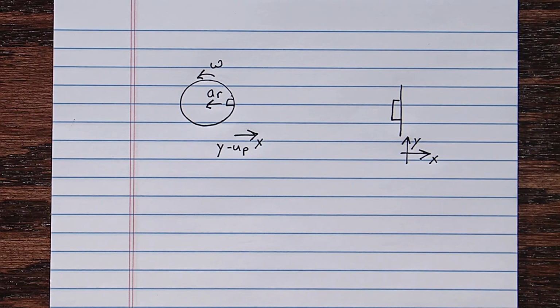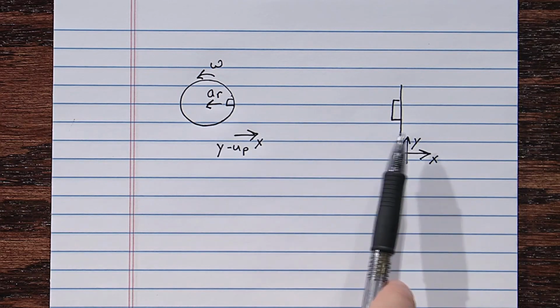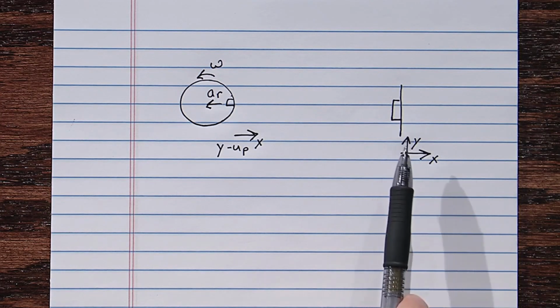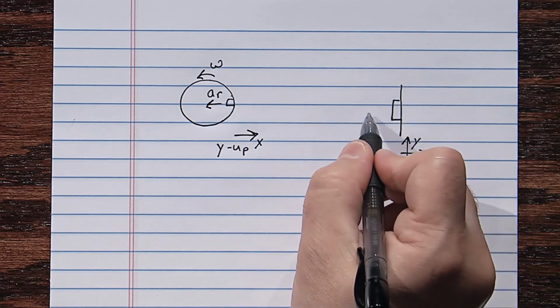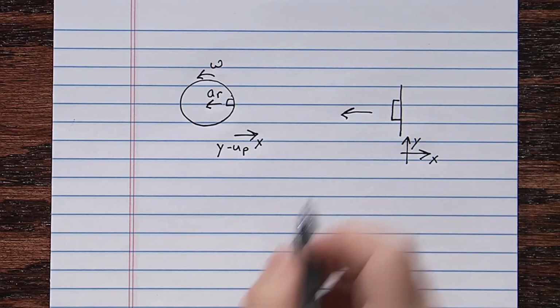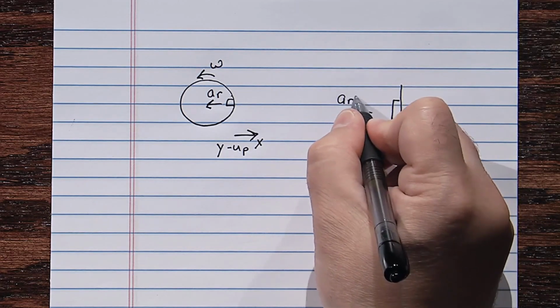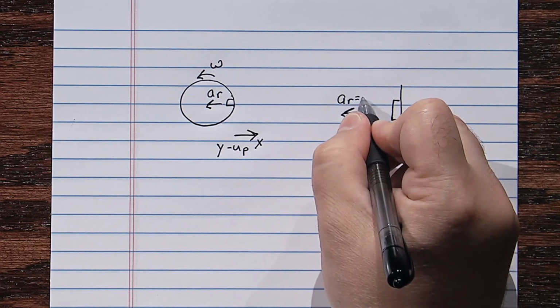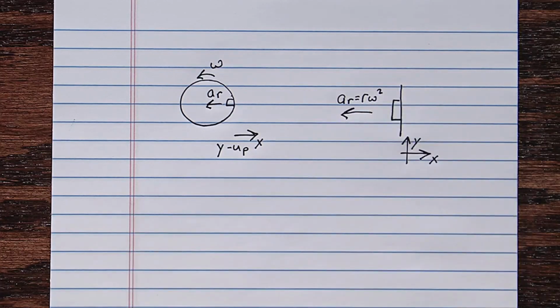So you can see that whereas we were looking at the gravitron from above, we're looking at a side view now, where the wall is here, the person is here, and the center of the circle is in this direction. And the radial acceleration, we know, has to be equal to r times omega squared.